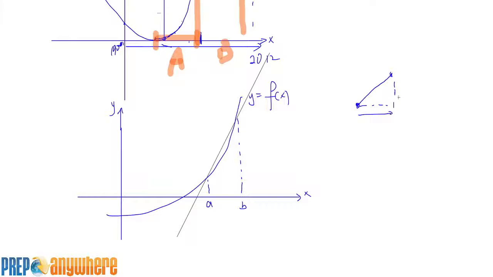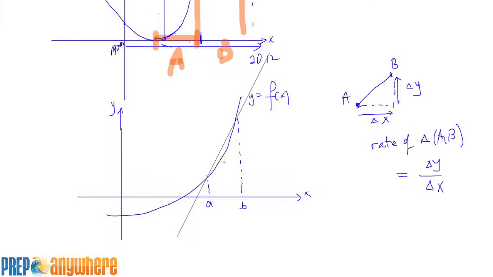We move right this much, we went up this much. We call this moving up delta y and moving right delta x. So the rate of change between the two points, A to B, is delta y over delta x.